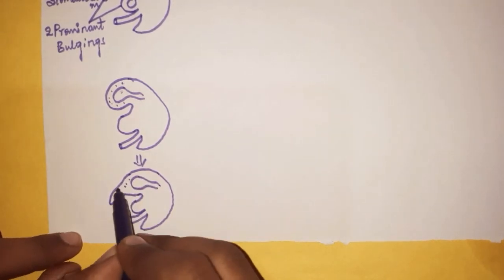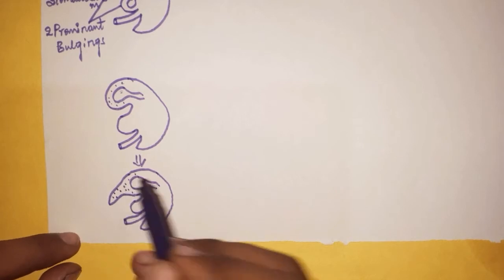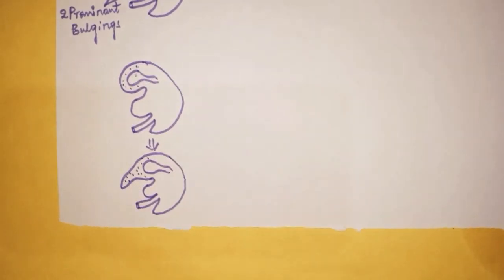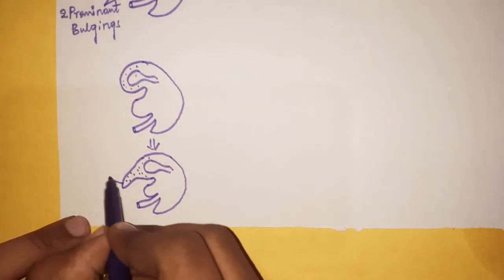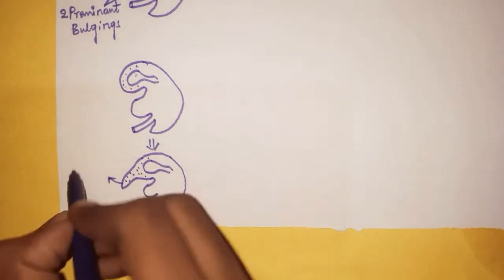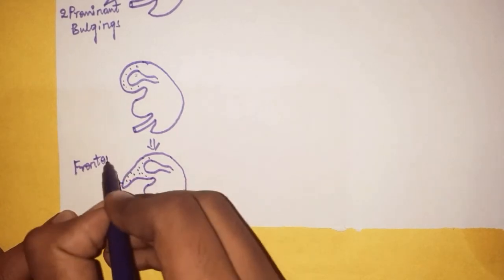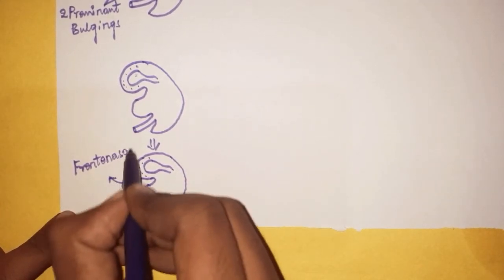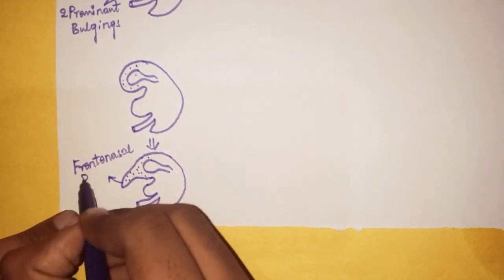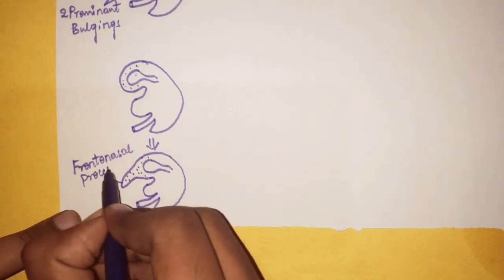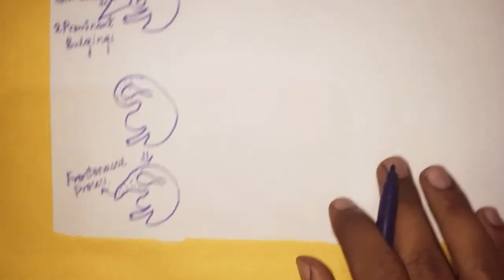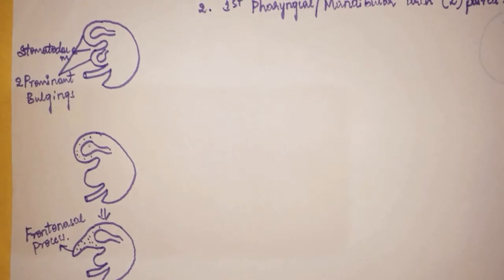The mesoderm is proliferated and forms a structure like this. This is called the frontonasal process. Now the frontonasal process is clear.